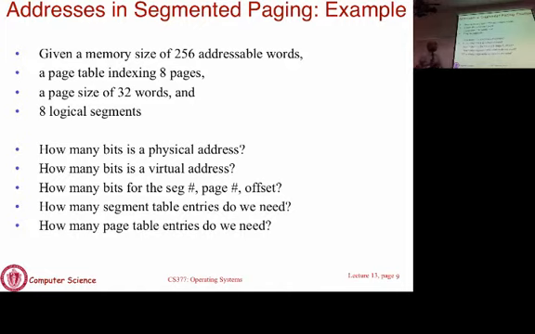Now we'll ask a more interesting question. How many bits do you need for a virtual address? Until now, in all of the schemes, the length of the virtual address and length of the physical address was the same. For segmented paging, it's not going to be the same anymore. We'll construct the virtual address and you'll see how many bits. To understand that, we should simply ask how many bits do you need for the segment number, page number, and the offset part.